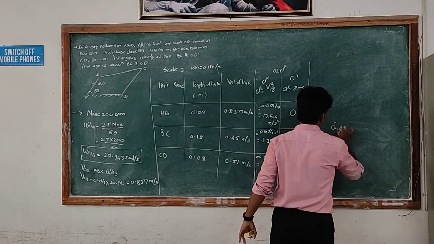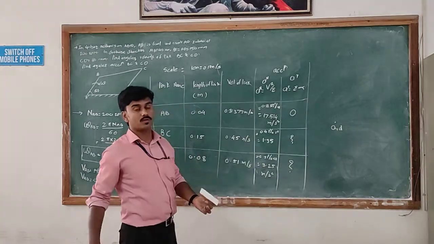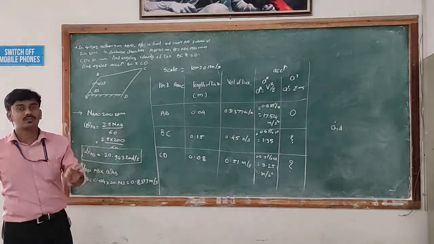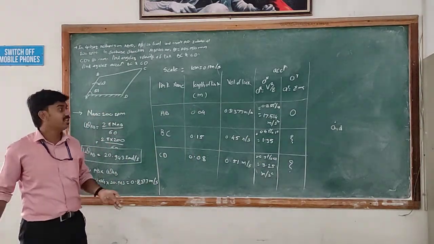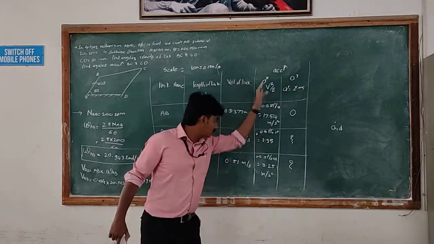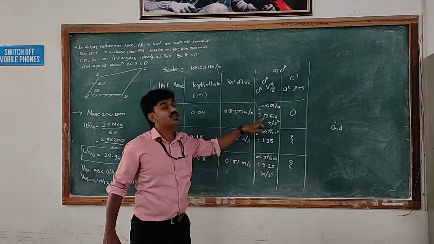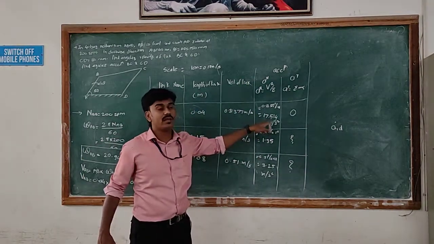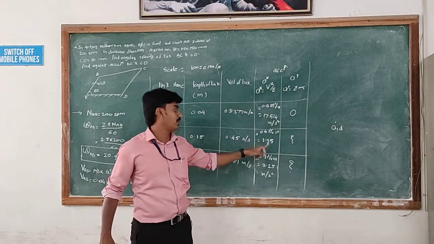This is point A, this is point B. Okay. We have to take some scale. If we consider this column, the maximum value is 17.51 and minimum value is 1.35.